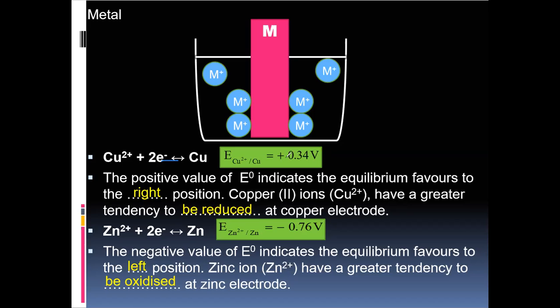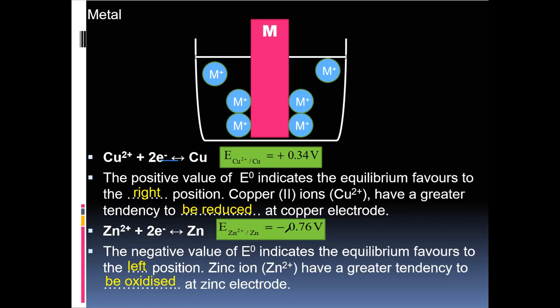So because the value is positive, the equilibrium will favor the right, and what occurs on the right hand side is reduction. So it has a tendency to be reduced at the copper electrode. You will understand this much clearer by the time we move on. Now you can see here we have Zn2+ + 2e- to give us zinc.